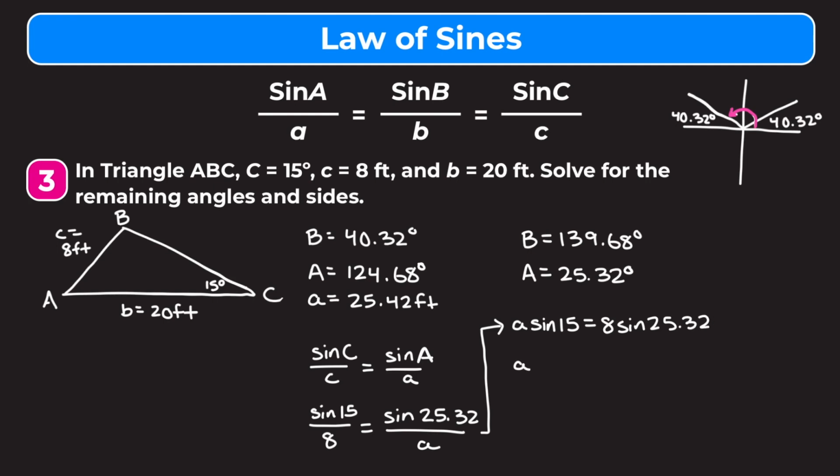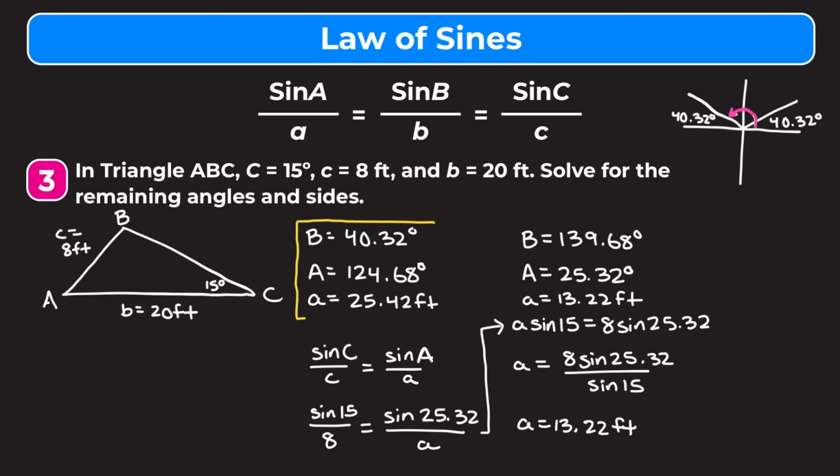Divide both sides by the sine of 15 to get that A is equal to 8 times the sine of 25.32 over the sine of 15. Now we put this in our calculator, and we should get that A is roughly 13.22 feet. So I'll write that under here: A is 13.22 feet.